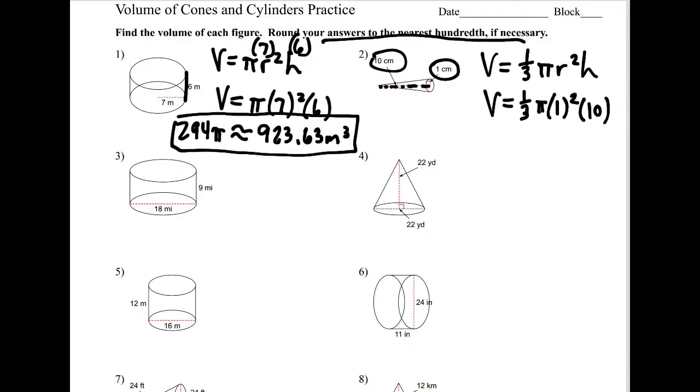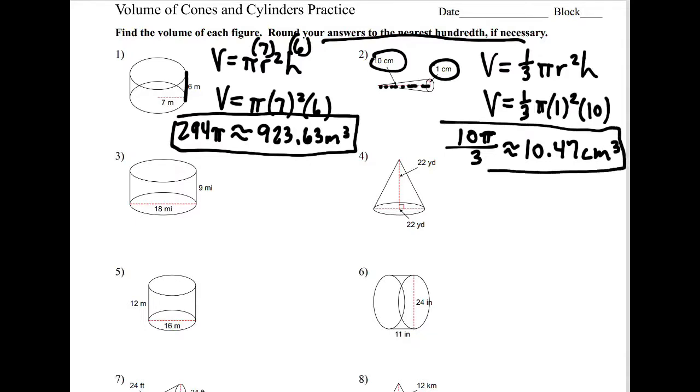Which, if you put that in the calculator, equals 10 pi divided by 3, or approximately 10.47. And our units are centimeters cubed. So there's our pi form, there's our approximate form or decimal form. So that's one with the cylinder, one with a cone.